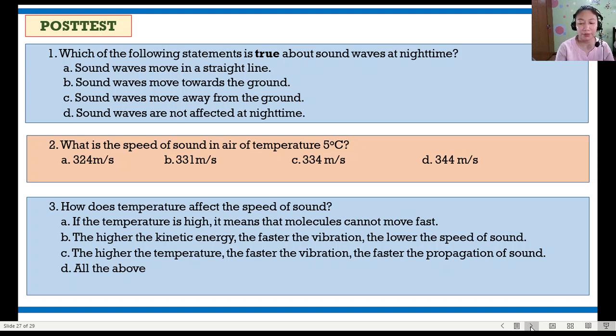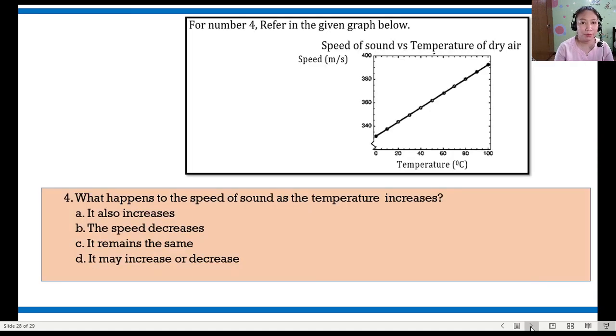D. All of the above. Let's go to number 4. Using the graph, what happens to the speed of sound as the temperature increases? A. It also increases. B. The speed decreases. C. It remains the same. D. It may increase or decrease.